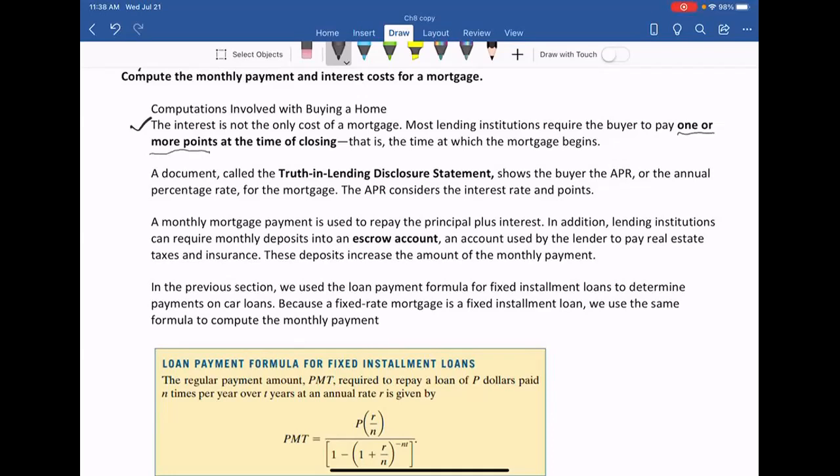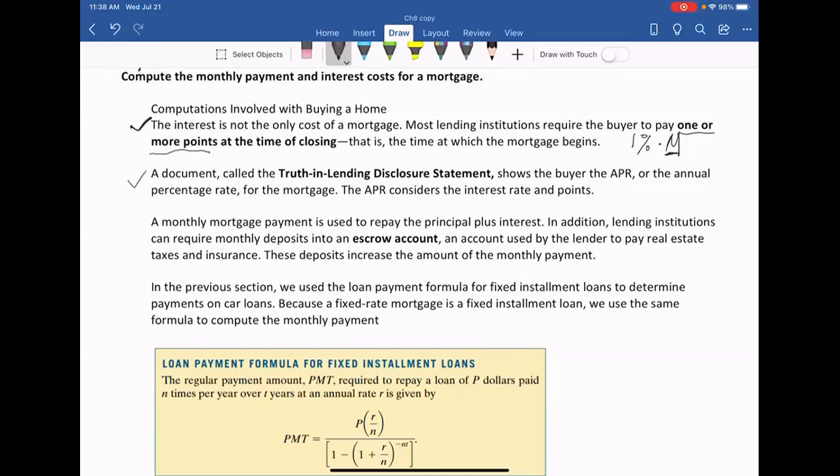That is the time at which the mortgage begins. Maybe the institution said you must pay 1% at the closing. So 1% times your mortgage. Mortgage means the difference between the sale price and the down payment.